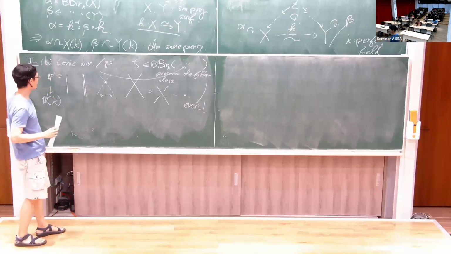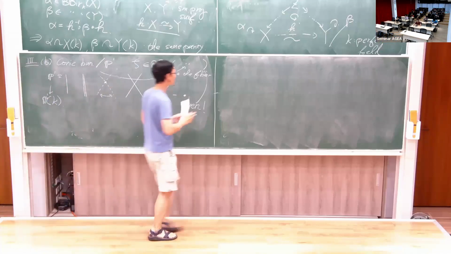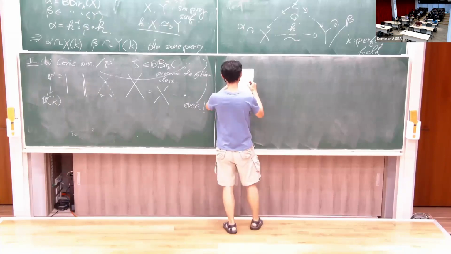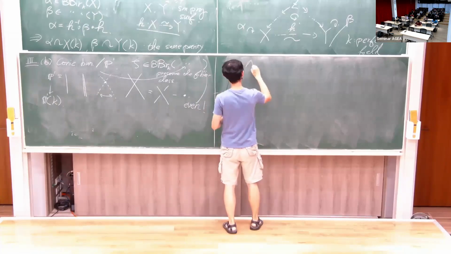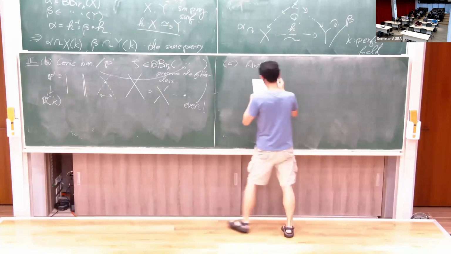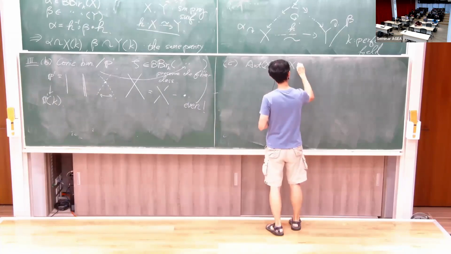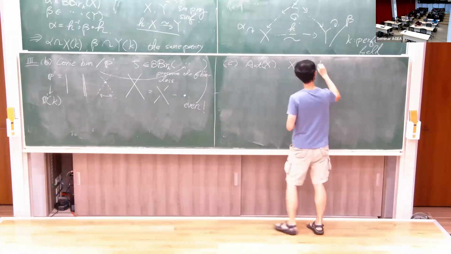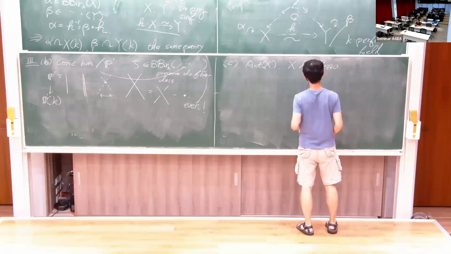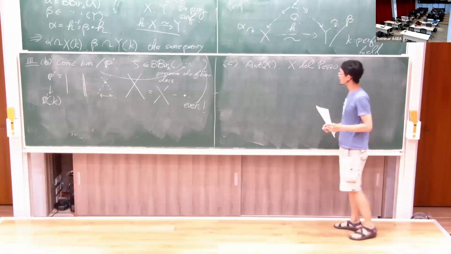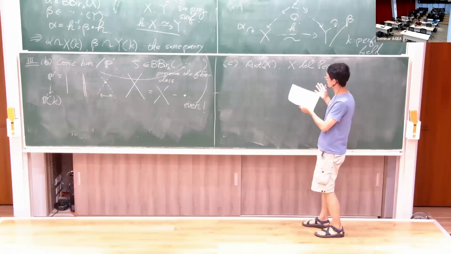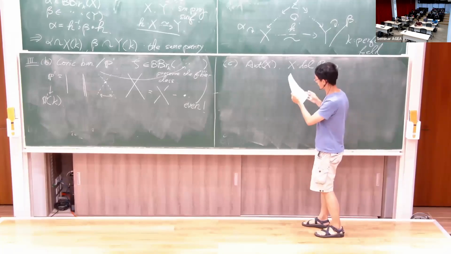Okay. So let me keep going. Next, I want to consider del Pezzo surfaces and automorphisms on del Pezzo surfaces. I want to say that automorphisms on del Pezzo surfaces also induce only even permutations.